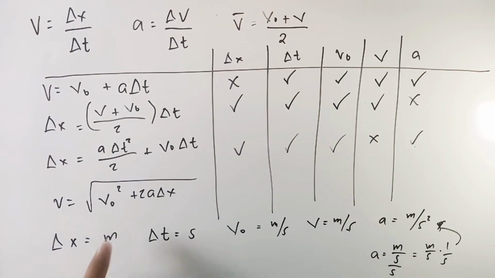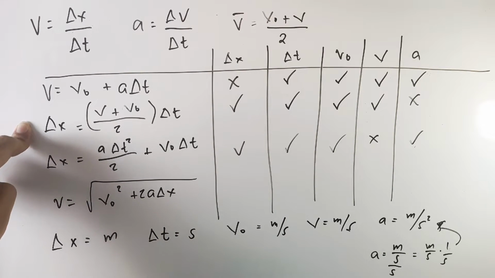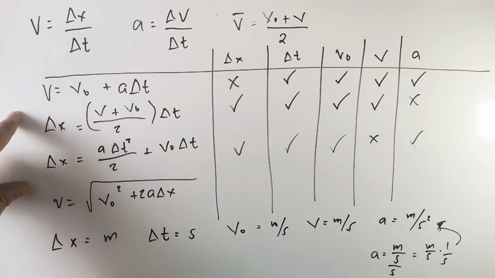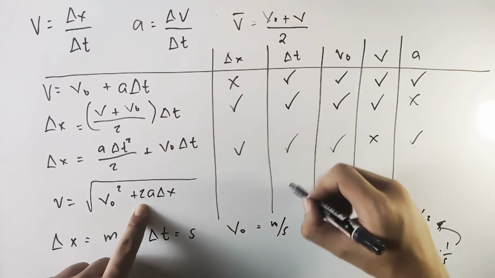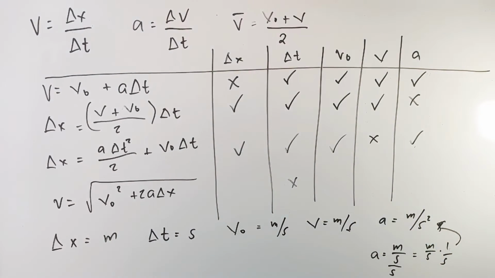Then finally, for the last equation, this is called the time independent equation. So that's how I remember it. This one is the acceleration independent equation. So these two are easier to remember for those names. Anyway, so here, time independent means time is not present.